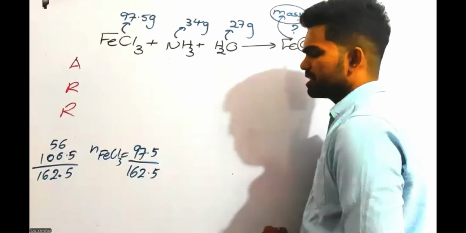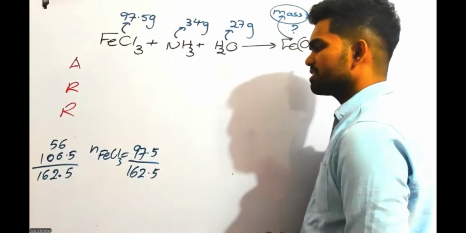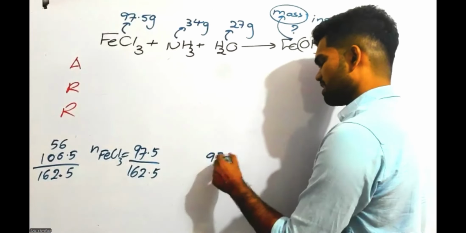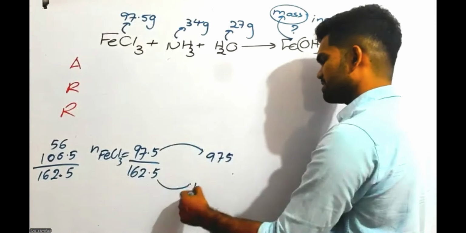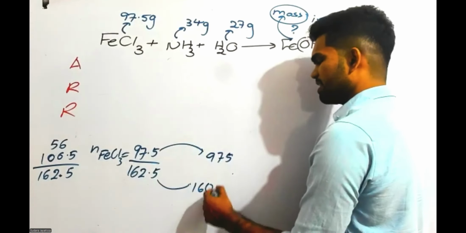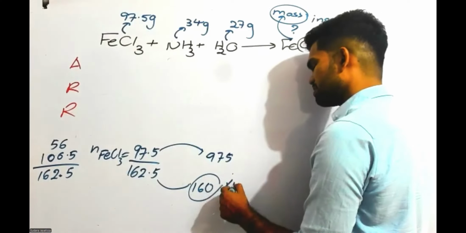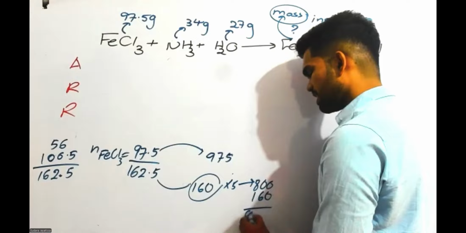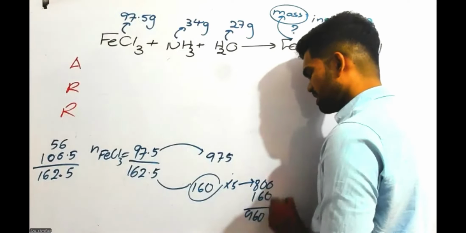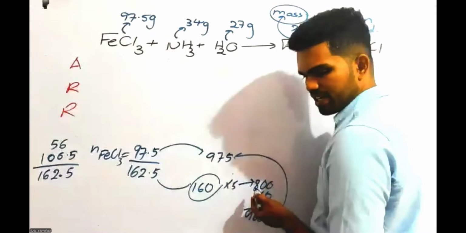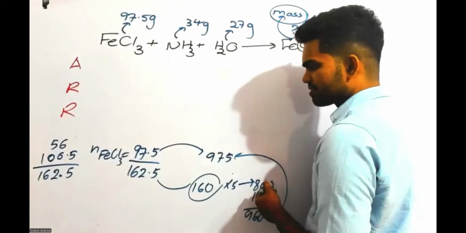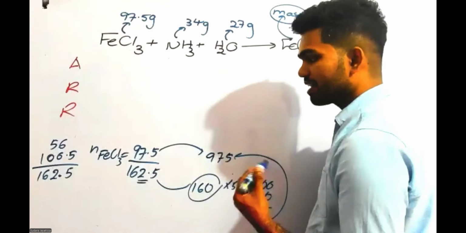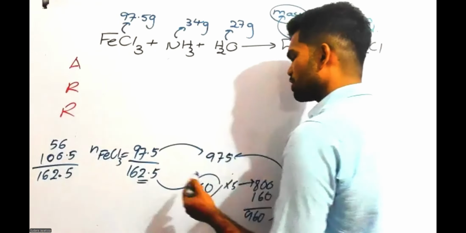Just imagine it is 975 and imagine this is 160. If it is 160, 5 times 160 will be 800. If you put another 160, it will be 960. But our number is a little bit more than that, so you can guess and feel the value. It is going to be 6 times.